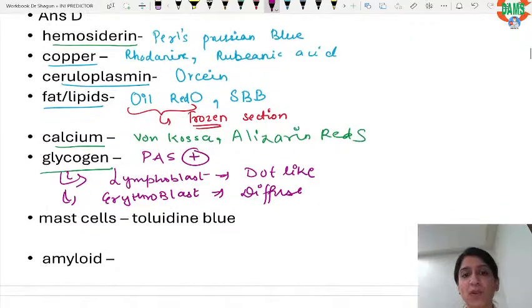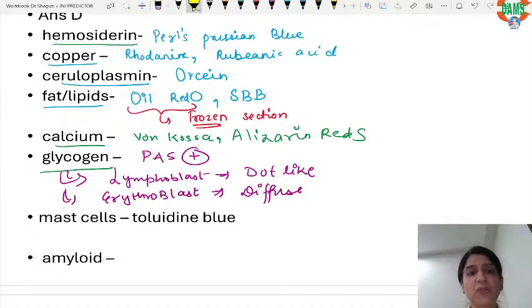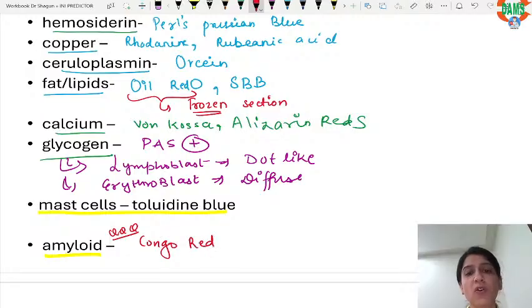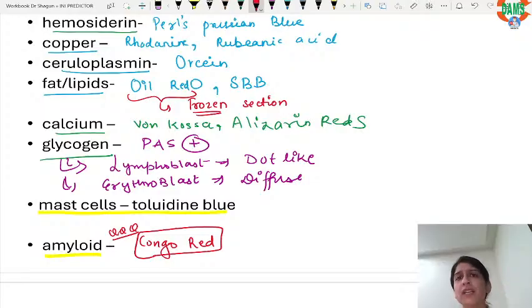Very, very important. Next, PYQ: for mast cells, we use toluidine blue. And for amyloid, the most important stain that you have to remember is your Congo red stain. Apart from that, you can also use thioflavin T, thioflavin S, crystal violet, methyl violet, PAS, Alcian blue.